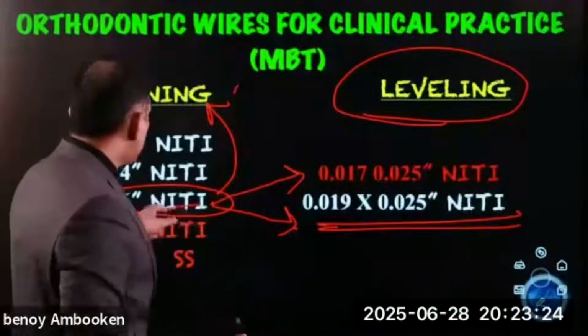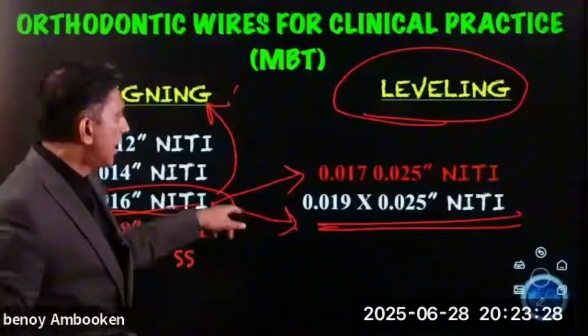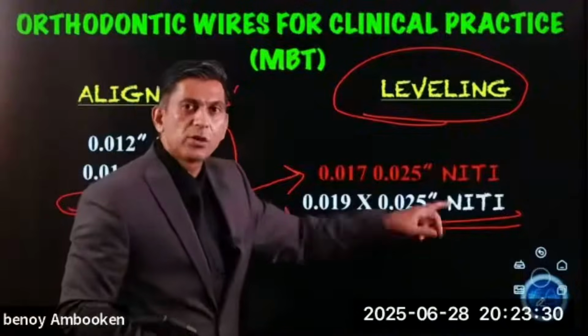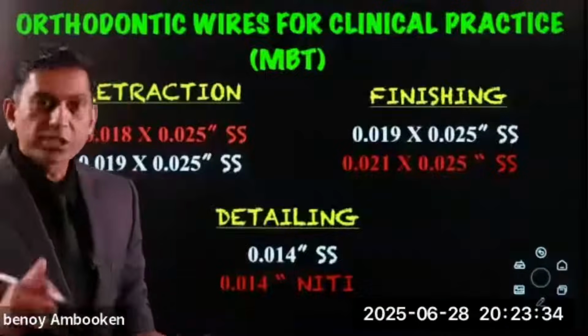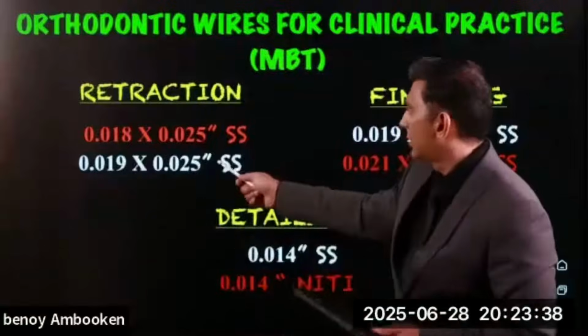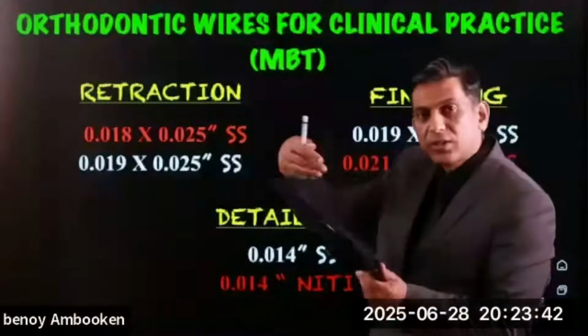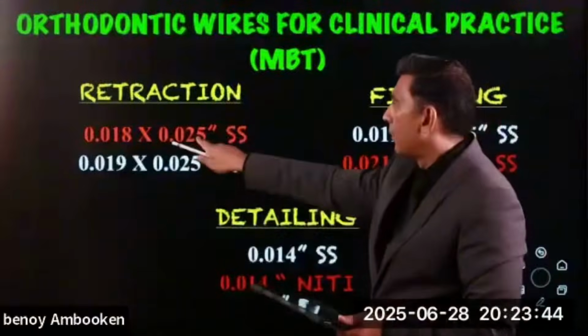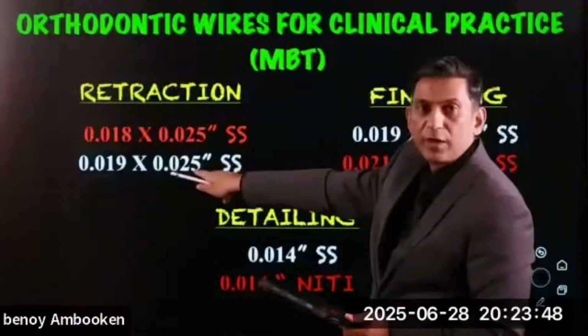So .016 should be your minimum last wire in the aligning stage, and .019x.025 nitride is your minimum last wire in the leveling stage. Retraction, you can do either in .019x.025 stainless steel or in .018x.025 stainless steel. If you have a severe proclination, I will tell you it is better to plan for .018x.025 stainless steel. But if you don't have a severe proclination.